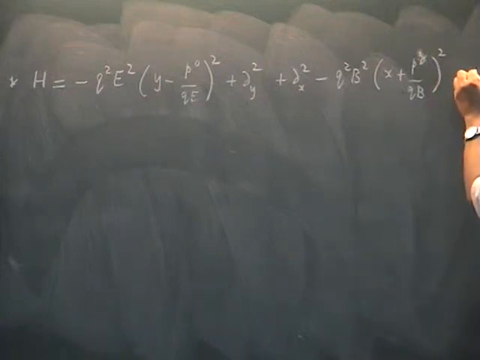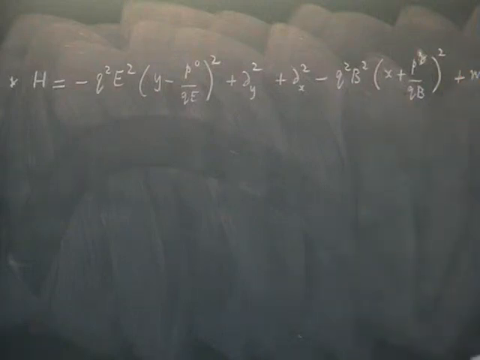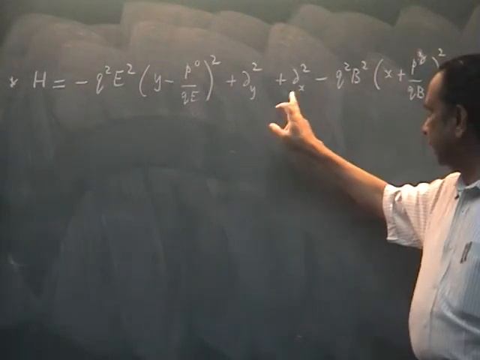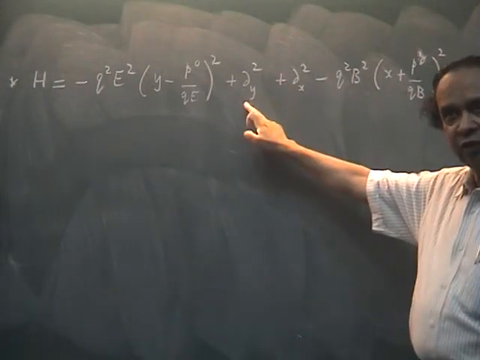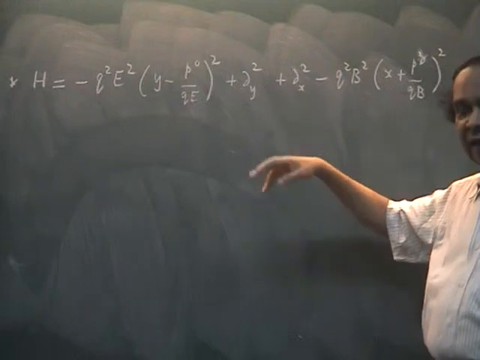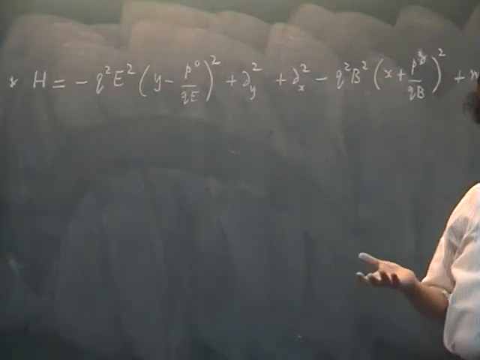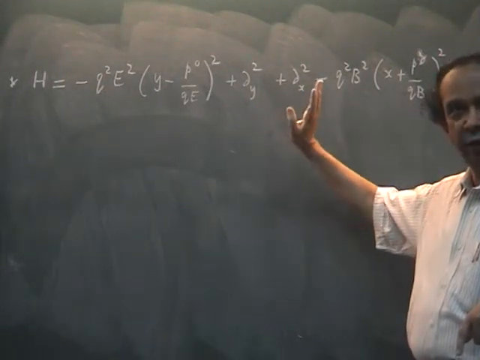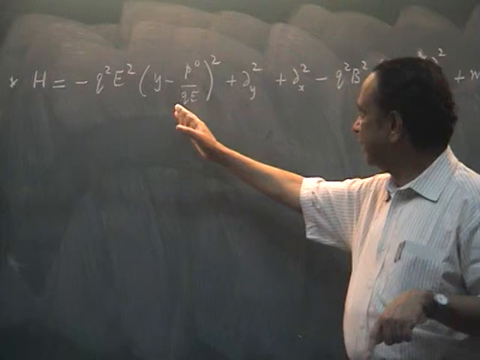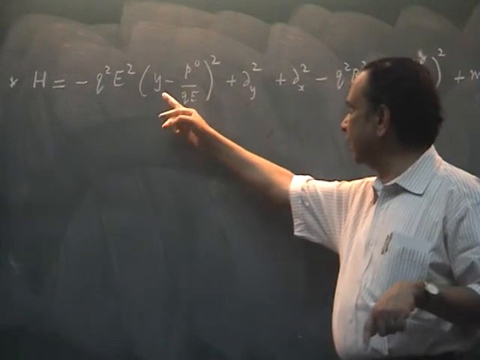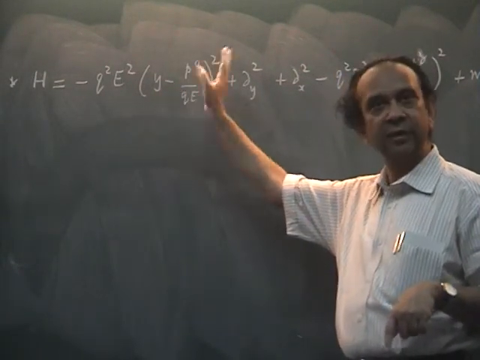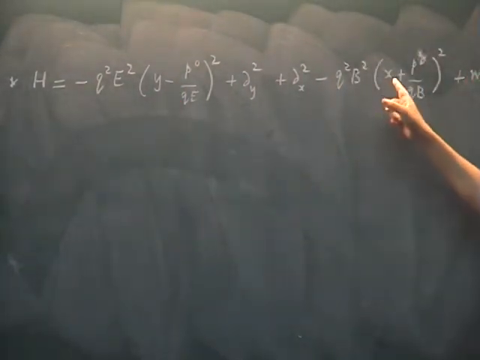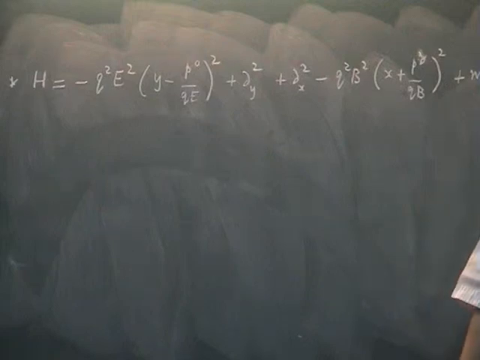Okay. And again, I am not always sure about the signs, but that we can sort out when you have the handout or whatever. The crucial point is there is a dy square and a dx square, which are like the momentum terms. It is like del square. So it is like the momentum terms for the x and y coordinate. And if I shift the x and y coordinate by this amount, that is instead of y minus this, suppose I call this some y bar or whatever, I get a y bar square here, and I get here an x bar square, right?